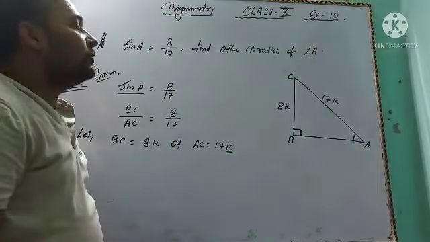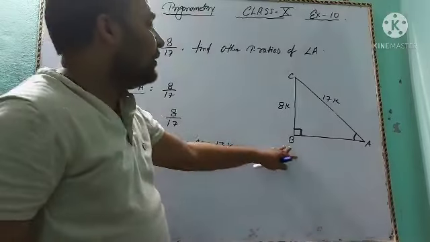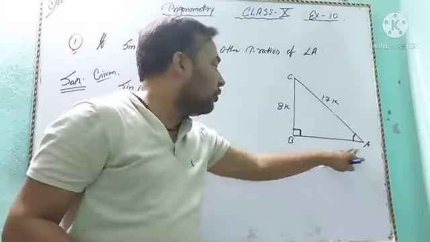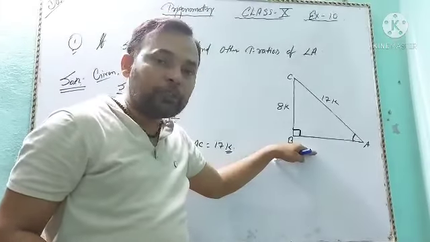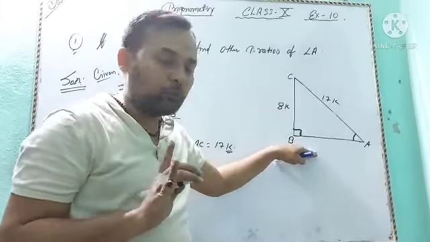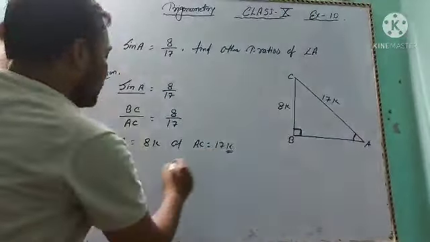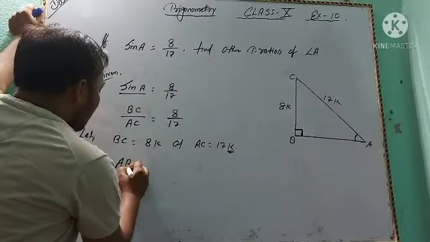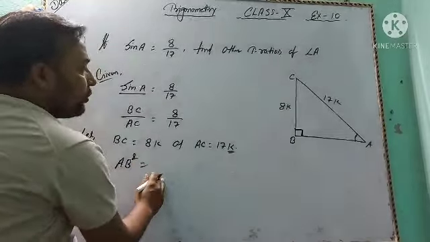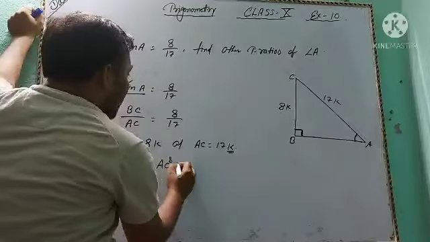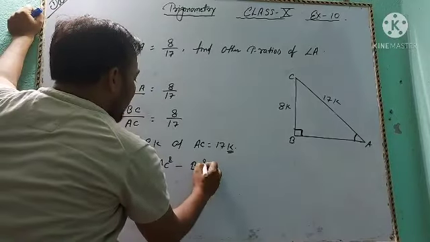And now students, we find the value of AB by using Pythagoras theorem. Okay, so students, AB square is equal to AC square minus BC square.